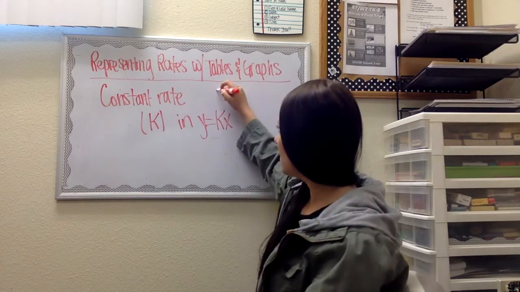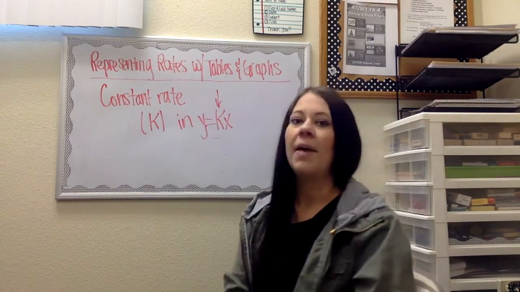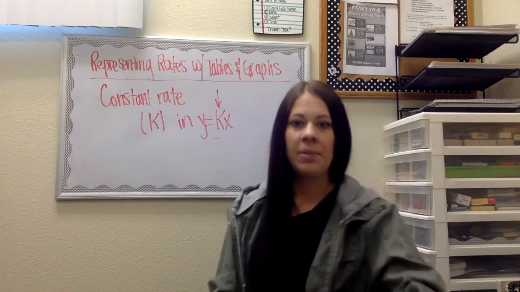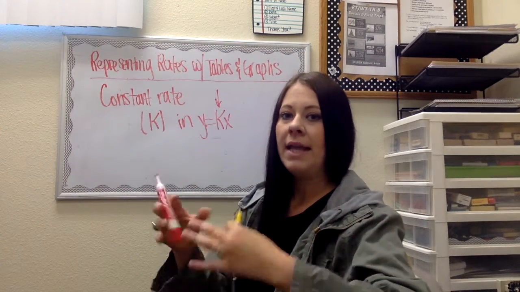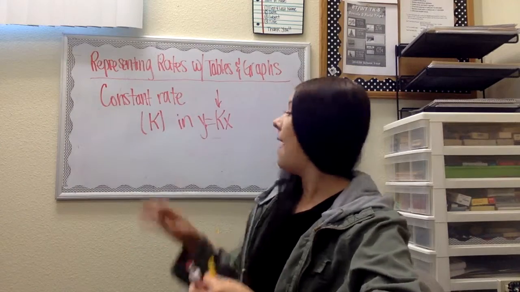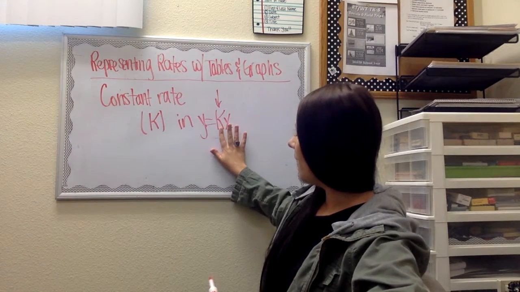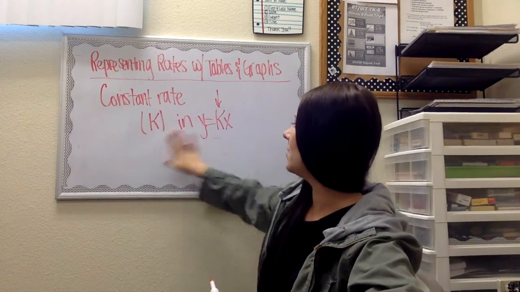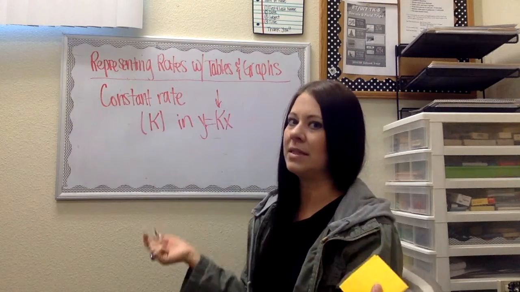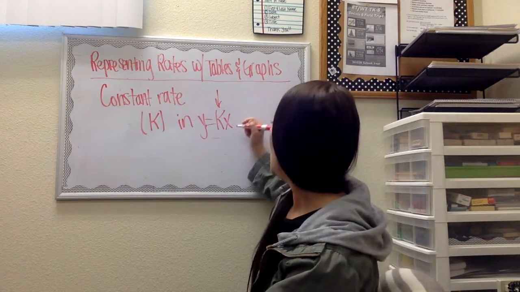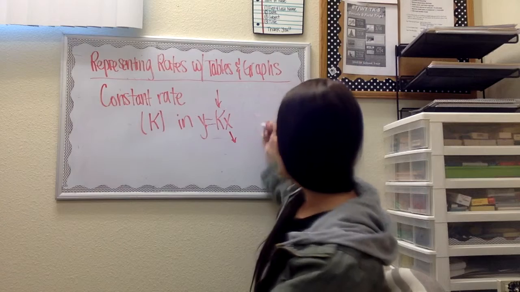What this means is that k is something I replace with a number. And when I replace it with a number, every x that I pick, if I multiply by that k, that constant rate, I'll get my y. So for instance, let's say x means minutes.